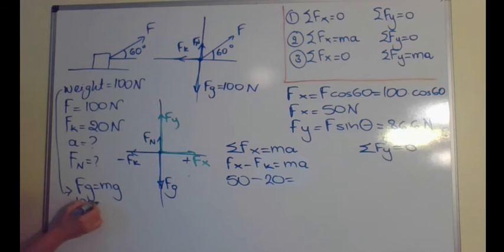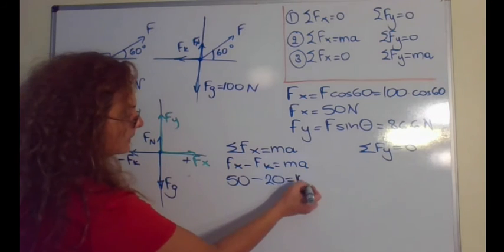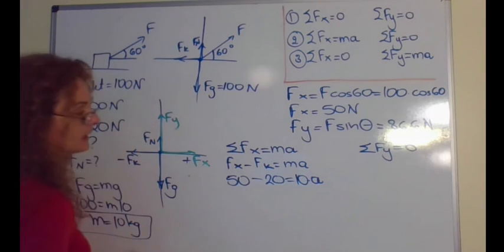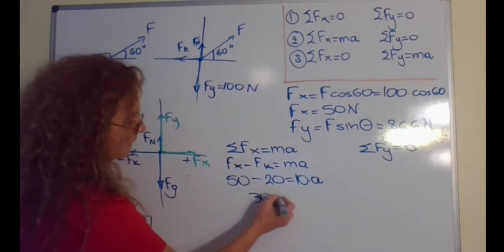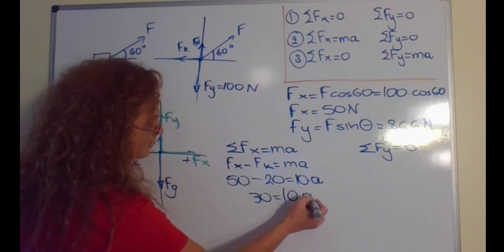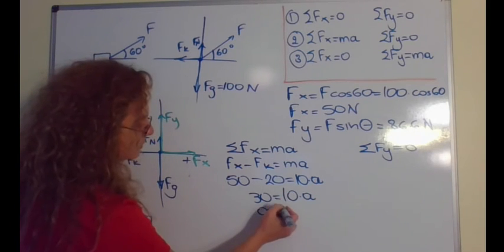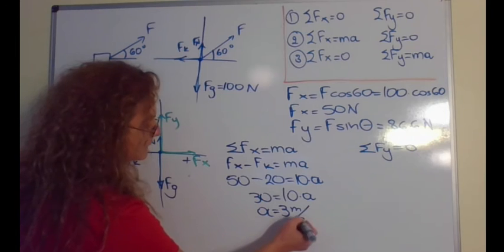So if this is 100 and we consider g to be 10, I will find that the mass will be 10 kilograms. So going back here, 30 equals 10 times the acceleration, meaning that the acceleration will be 3 meters per second squared.